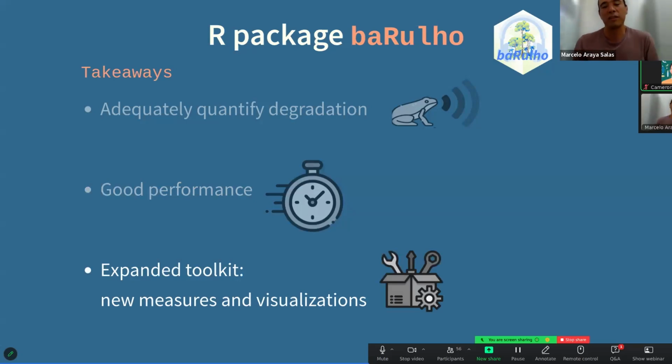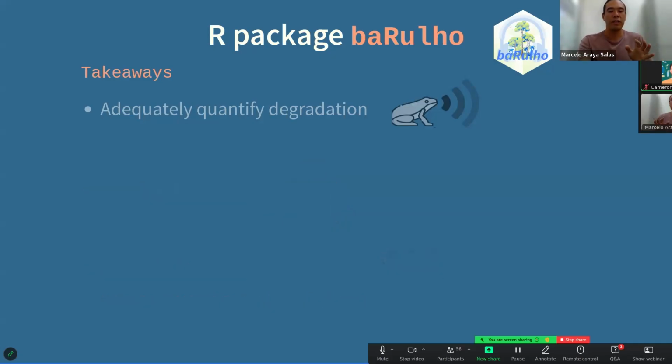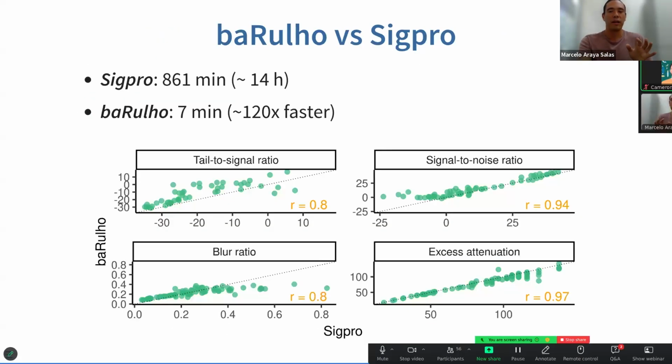And overall, I think it helps to expand the bioacoustician's toolkit by allowing us to do these experiments in a more friendly way. It also adds new measurements. I didn't mention them, but only these four measurements are included in SIGPRO.